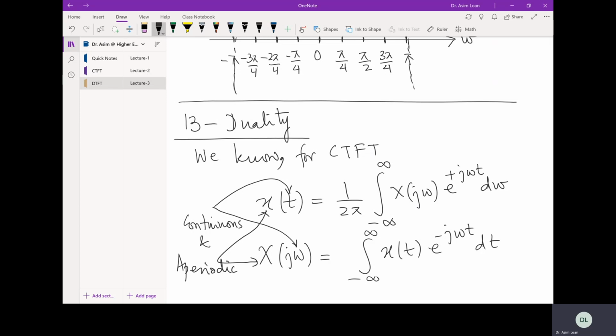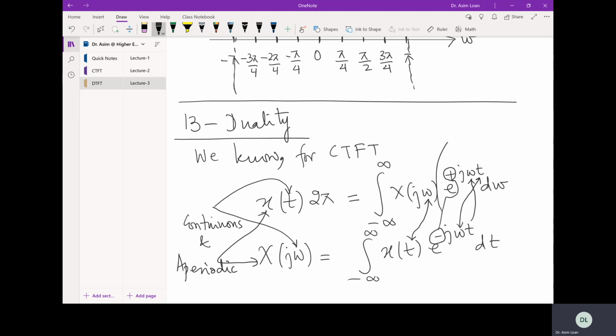So if I take this 2 pi on this side, maybe I rewrite it and say 2 pi times this one equals this one. Then this t and omega are the same. This omega is this t, and the only difference is in the sign of the exponent. This is the only difference.